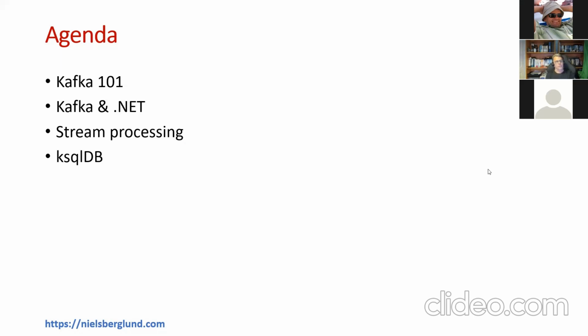When we're talking about stream processing, we'll by default talk about something called ksqlDB. ksql is the language for stream processing in Kafka, and recently, a year and a half ago, they introduced ksqlDB, which is like an event-driven database-like thing. It is not a database per se, but we can see it as a database. That's what we're going to talk about today.